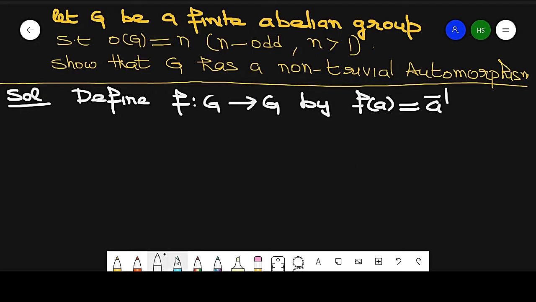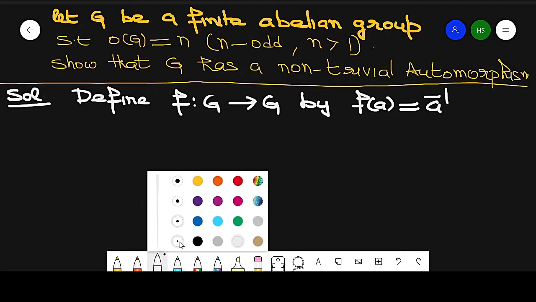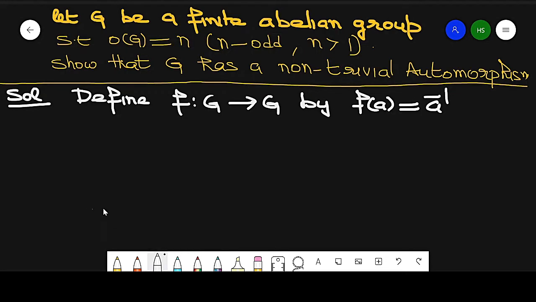That is my mapping. Now we prove that this mapping is an automorphism.